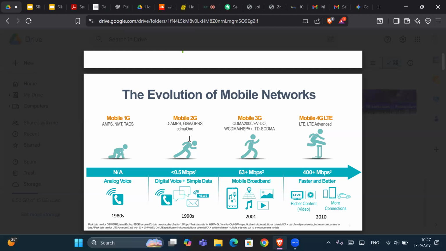These are the commercial names of the technology in the market. And the main goal was to provide even faster and better internet connectivity. So 4G is not yet gone from your mobile right now.